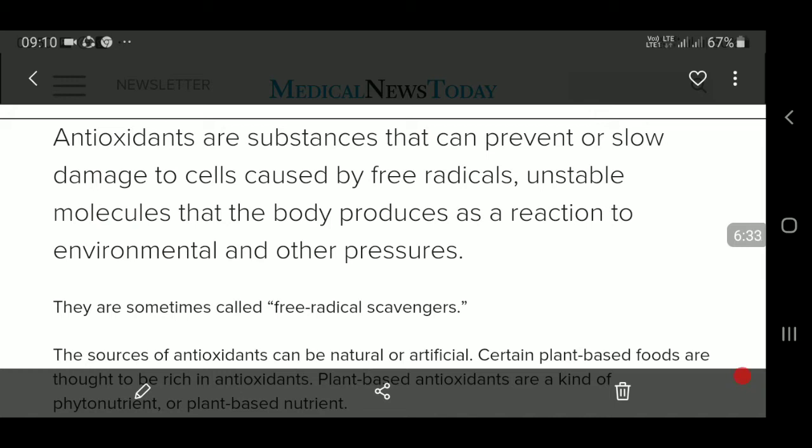What are antioxidants? Antioxidants are substances that can prevent or slow damage to cells caused by free radicals. What are free radicals? They are unstable molecules that the body produces as a reaction to environmental and other pressures and also as intermediates of metabolic reactions.